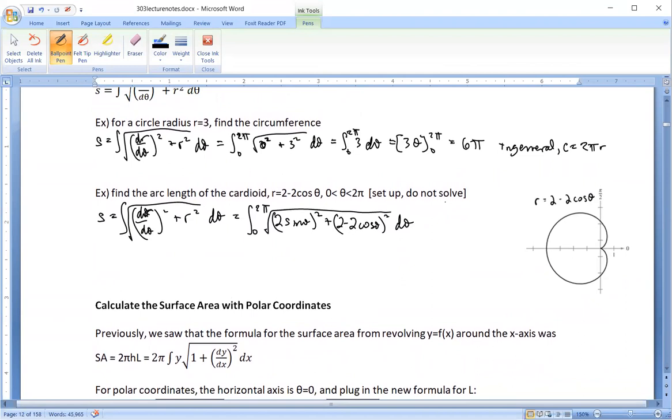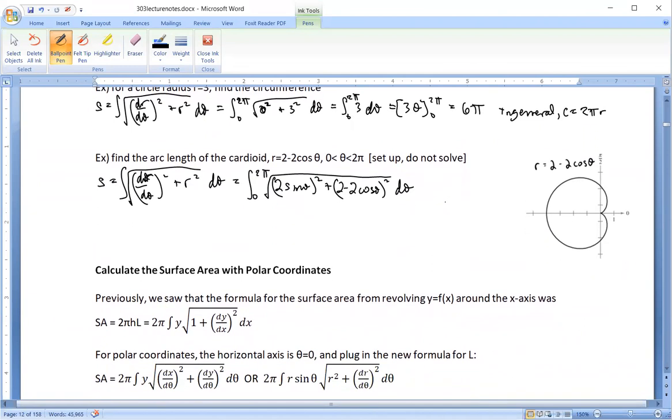We can now update that by simply using what we know our formulas are. So we have our new arc length formula that replaces the last part. We have a new formula for y in polar coordinates, that's r sine theta.